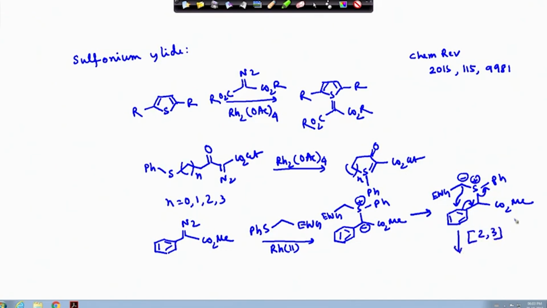I have already mentioned what this 2,3 sigmatropic rearrangement is. Once the 2,3 sigmatropic rearrangement happens, it will generate this particular product.